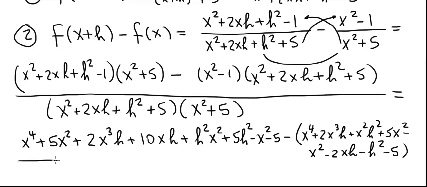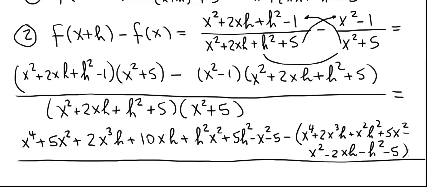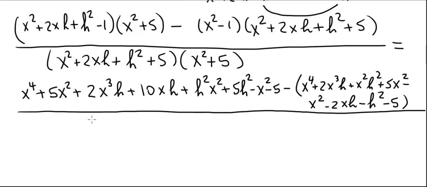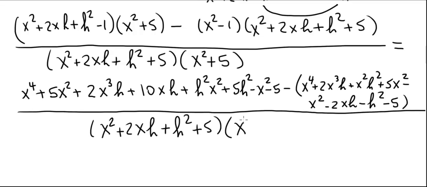And of course all of that is divided by the denominator that you see here, which is x squared plus 2xh plus h squared plus 5 times x squared plus 5.